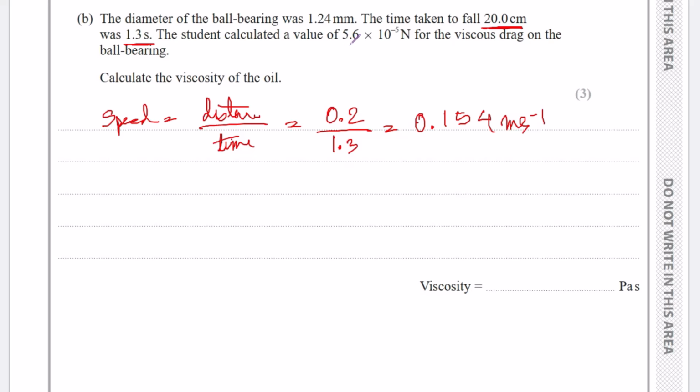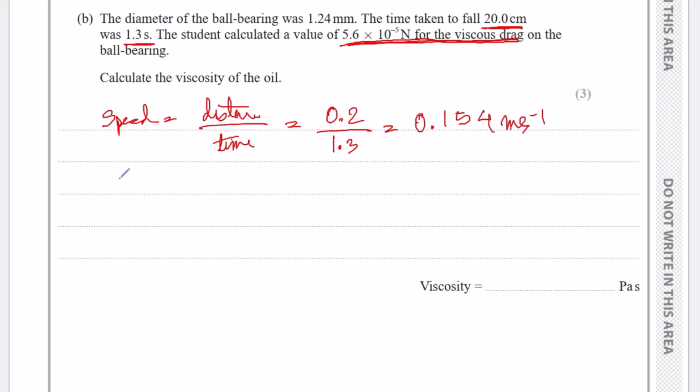And then the student calculated the value of 5.6 times 10 to the power minus 5 Newton for the viscous drag. Okay, for the viscous drag. And since it's a spherical object moving with a constant velocity, you can apply Stokes law, right?